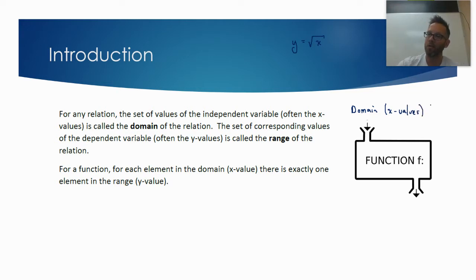And the range is the y values that come out. So every function is like a machine. You can put in certain x values and you get out certain y values.